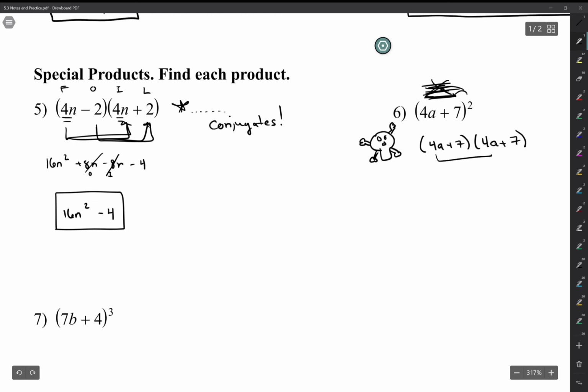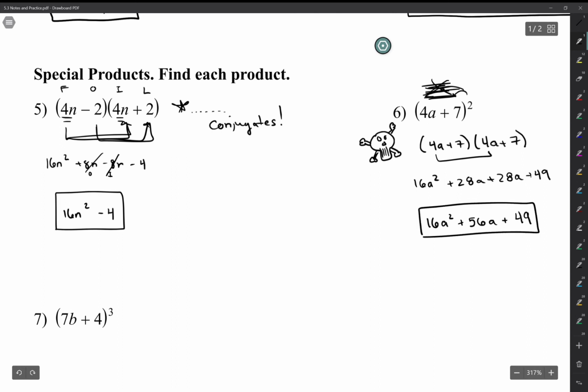Then we got a FOIL. 4 times 4, 16, plus 28, plus another 28, plus 49. So do not distribute that. Draw the little skull if you have to before you fall into the trap. We got 56 here. I know I didn't need to use my calculator for that one. Getting confident, and that's what that one comes out to be.